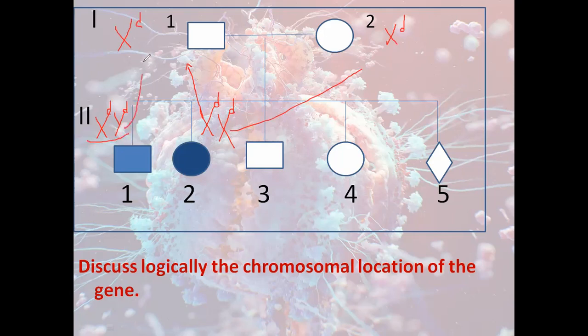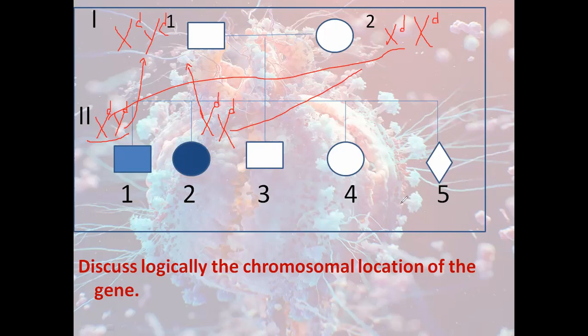YD sure will inherit it from the father. So this is YD, and XD should be inherited from the mother. If it is the case, then 1-1 and 1-2, both of them will be affected, but they are normal. So it's not the case.